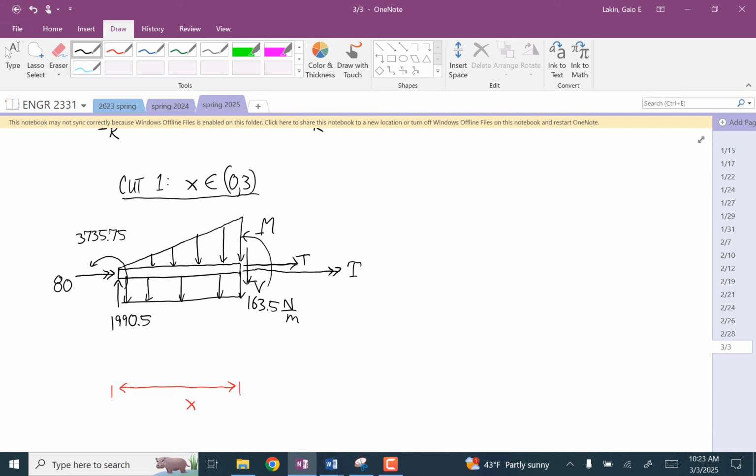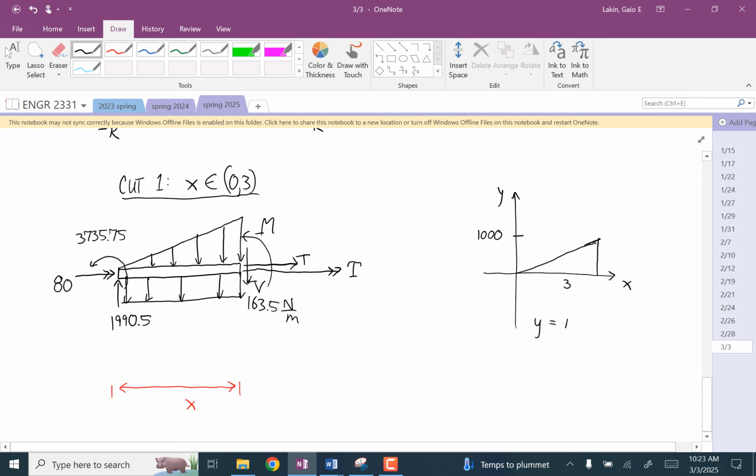Okay, well, if we can come up with a function for the line of that hypotenuse, that'll tell us what the height of that triangle is at x. So we want the function for that line. We know that the height here is 1,000. We know that this distance is 3. And we just want the equation for that line.